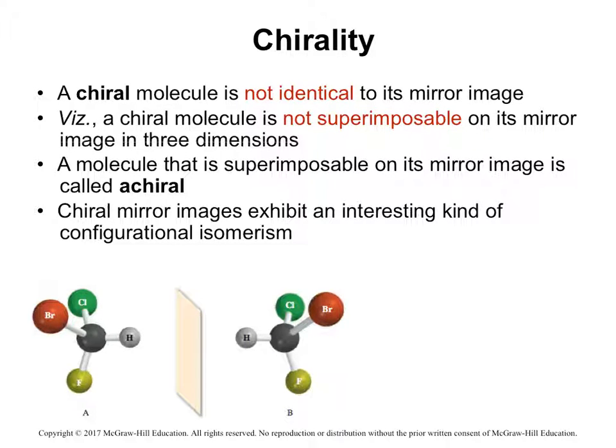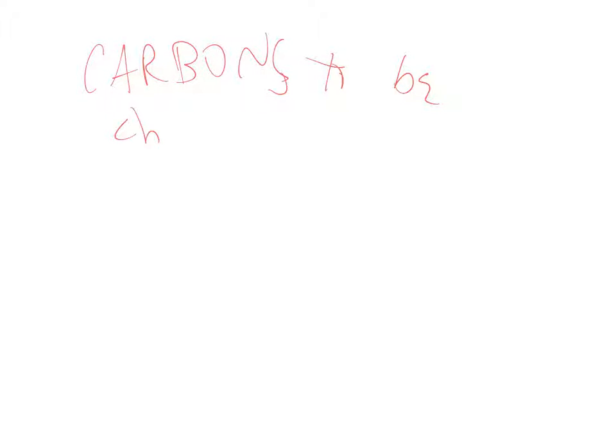So there's a cheating way to do this, and I know that many of you want that. I don't say cheat, but the easy way, whenever you want to figure out if a carbon is chiral. So for carbons to be chiral, 99.99999% of the time, all you have to do is look and think: are there 4 different things attached?